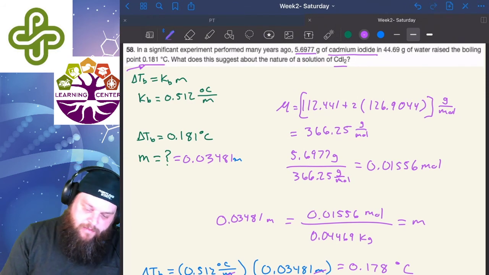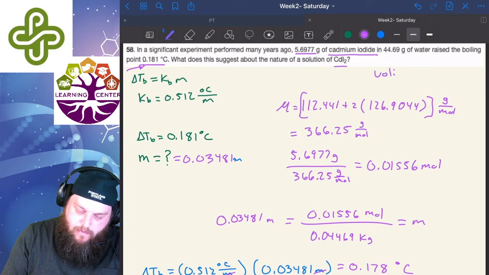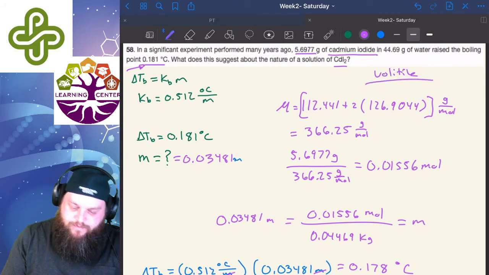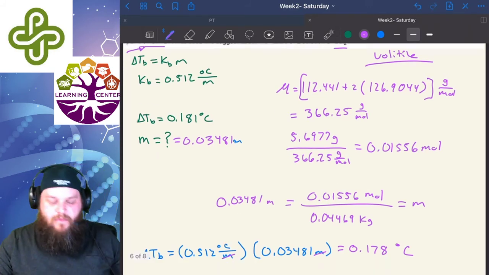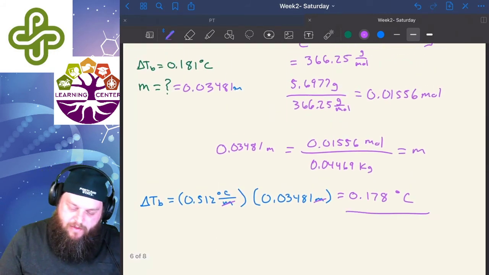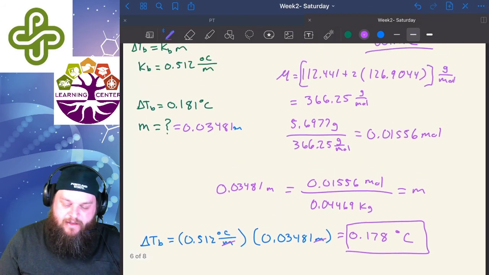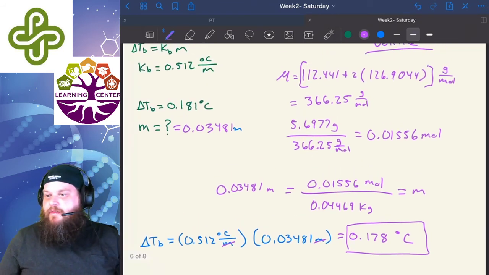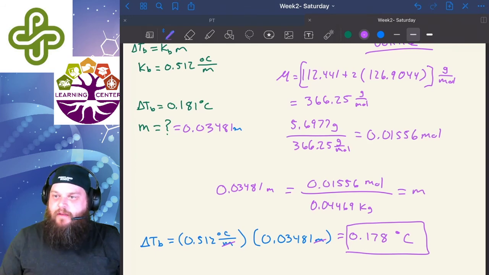Most likely, it's a volatile or something to that effect. But we can tell that this is not ideal because the ideal solution should only have a temperature change of 0.178, where this actually rose up a little bit.